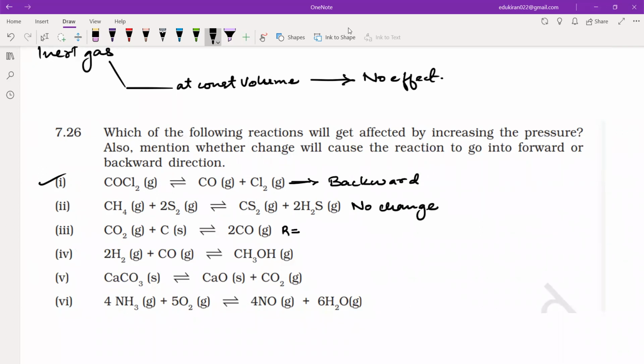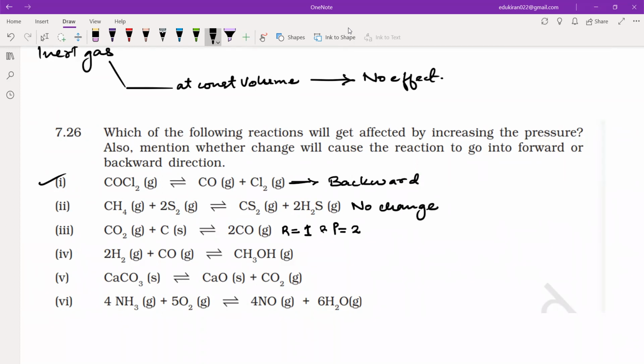How many moles of gas in the reactant? Only 1 mole of gas, only CO2. And in the product? 2.